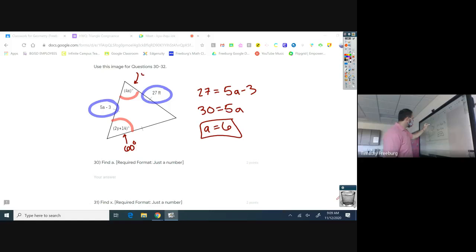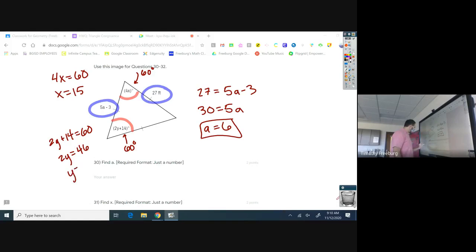We can set this equal to 60 degrees as well. So then 4x equals 60. X would equal 15. And 2y plus 14 equals 60. 2y equals 46. Y equals 23.